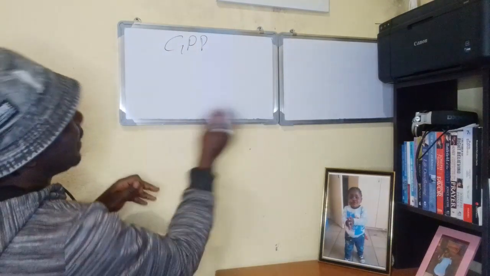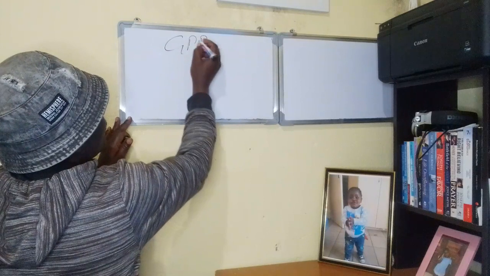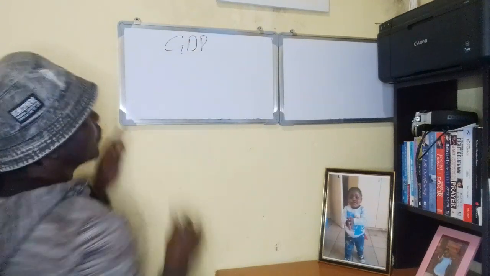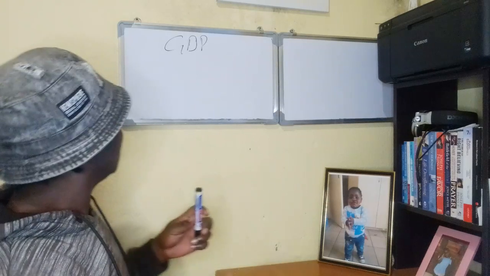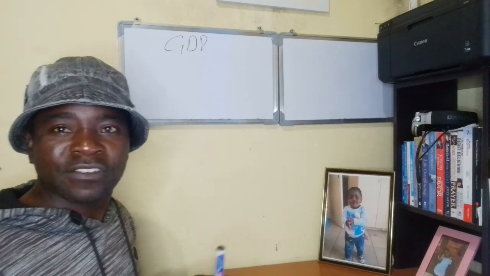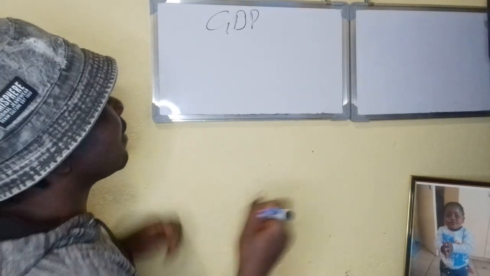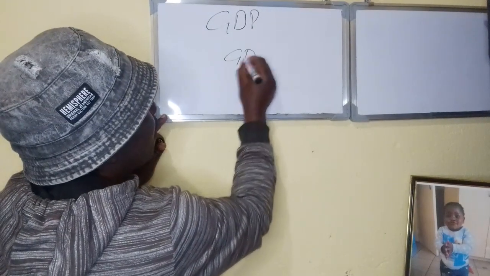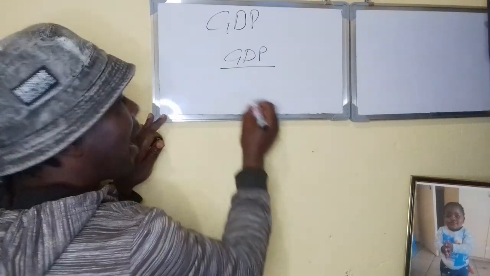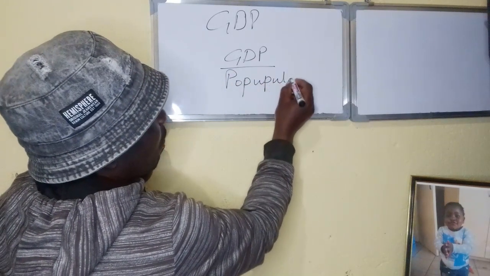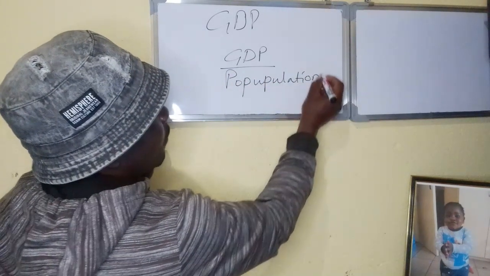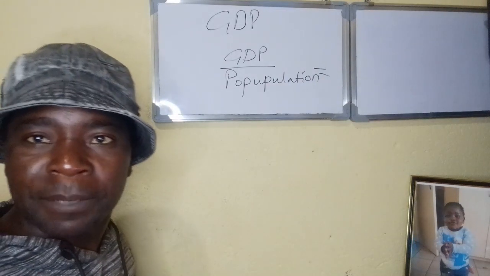The only difference between GDP and per capita GDP is that it's GDP divided by population. And then you get per capita GDP.